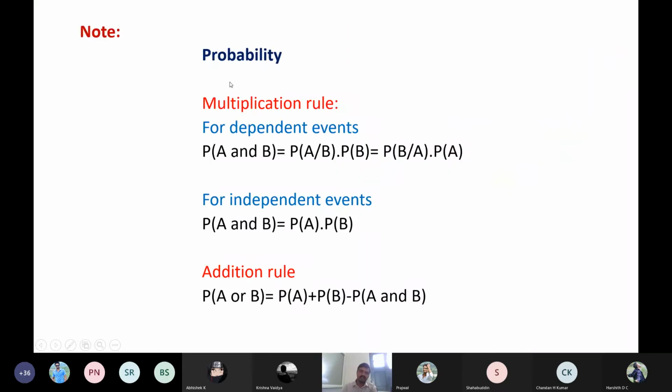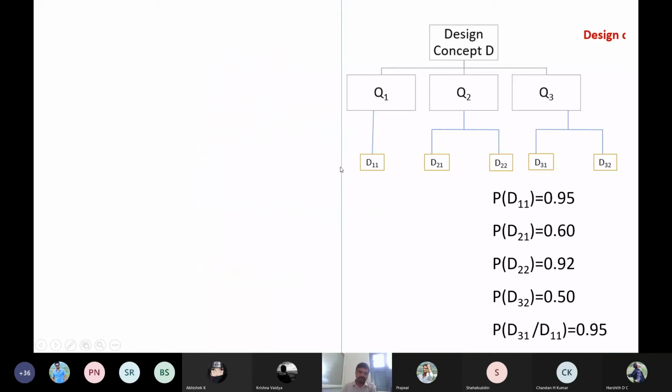So this is the rule we are going to apply. If they are dependent, we would use the other rule. Since Q1, Q2 and Q3 are independent, we use this. If you know the values of P of Q1, P of Q2 and P of Q3, you can directly substitute and get the answer.